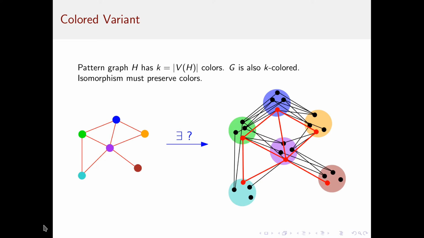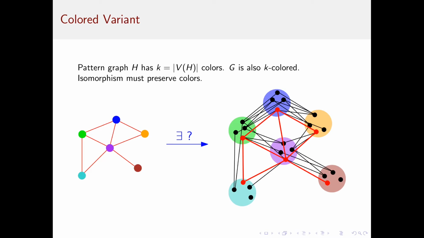Well, in this colored variant, the pattern graph H is colored using k colors, so each node has one color, and G is also colored using those same k colors. And you have this additional constraint on your solution that the isomorphism must preserve colors.